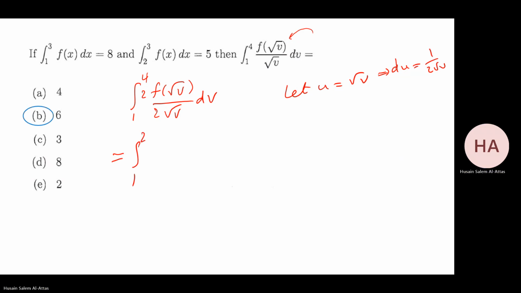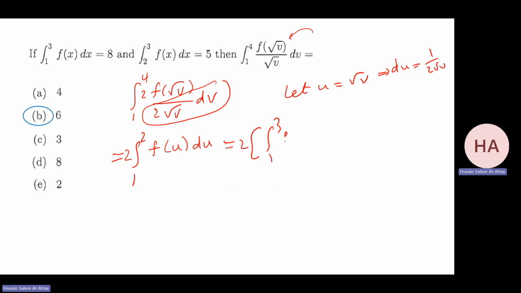Don't forget the 2 outside. I have f of u du. I don't have to have 1 to 3, so that will be 2 times the integral from 1 to 3 of f of u du plus 2 times the integral from 3 to 2.